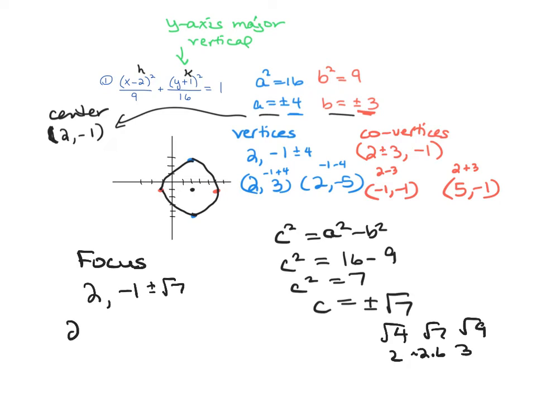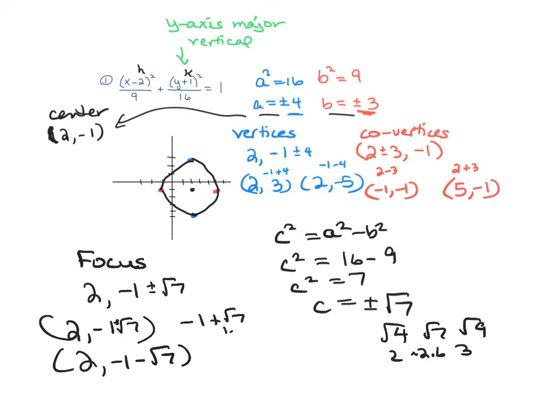So I'm going to end up with 2, -1 plus root 7, and 2, -1 minus root 7. So this -1 plus root 7 is probably about 1.6.